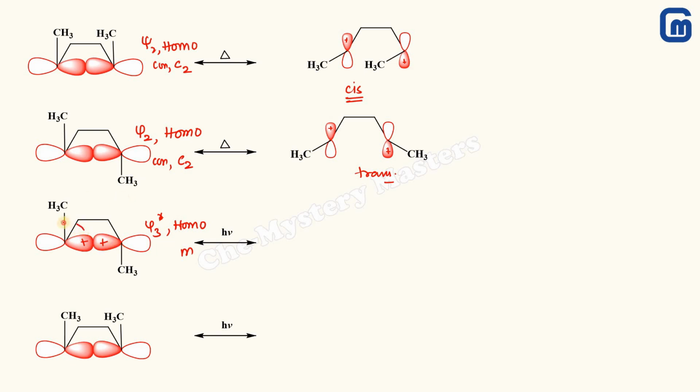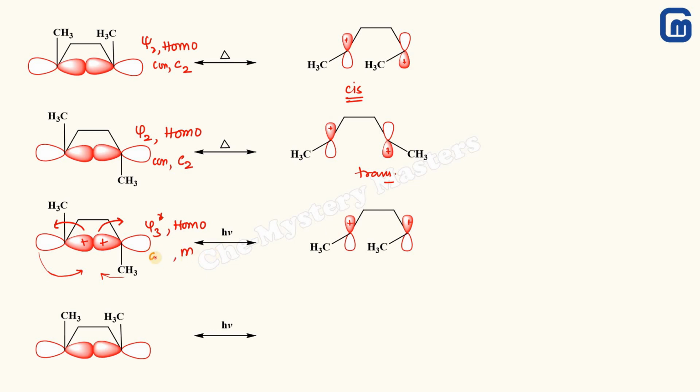So that can happen when these two lobes are moving in opposite directions to each other, so that you will be getting these two structures. So this is going towards your left hand side and this one is going towards your right hand side. So just opposite to each other, you can see. So it is going like this and it is going like this. So opposite to each other, so that you will be getting the two lobes on the same side.